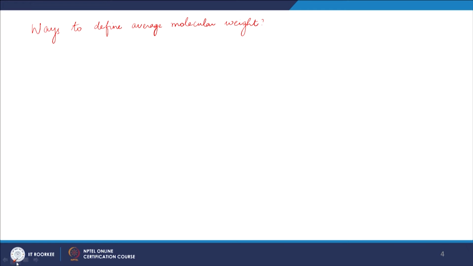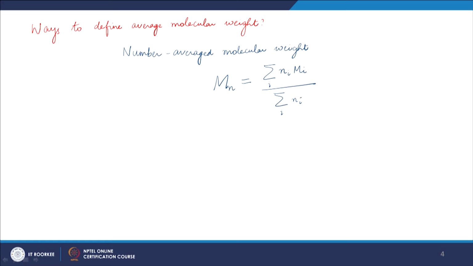Okay. So, there is something called a number averaged molecular weight, which is defined as something like this, where Ni is the number of chains with molecular weight Mi.